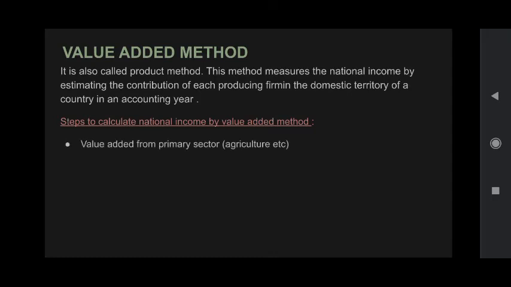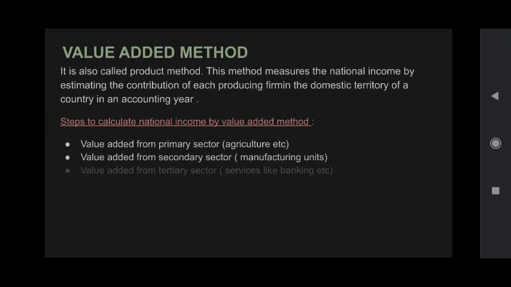Talking about the steps to calculate national income using this method, first of all, you will be calculating value added from the primary sector. The primary sector includes agriculture. Then value added from the secondary sector, which includes manufacturing units like factories. And value added from the tertiary sector, which includes service sectors like banking, insurance, advertisement, communication, etc. Then summing up all the value added from these three sectors, primary, secondary, and tertiary, we get value of output, right?